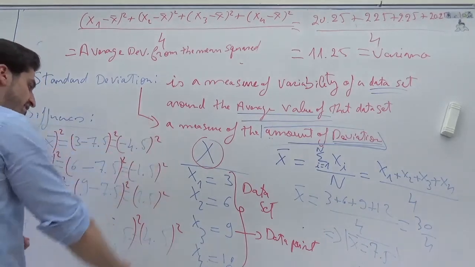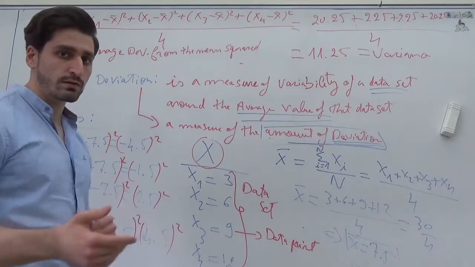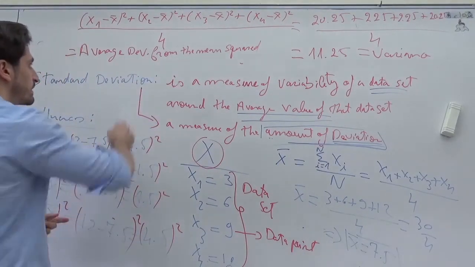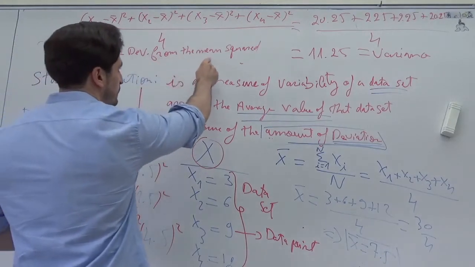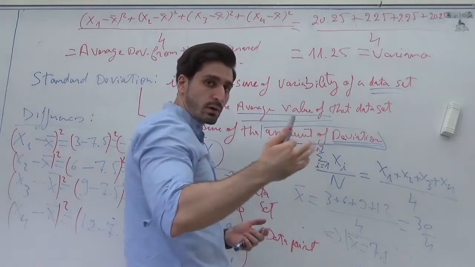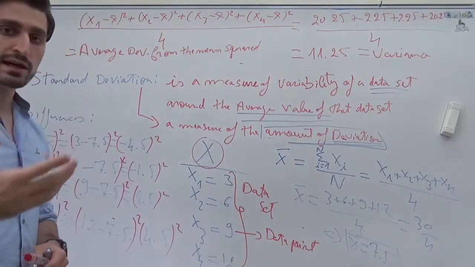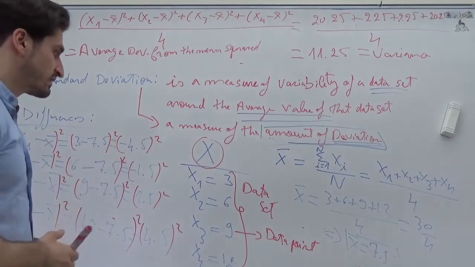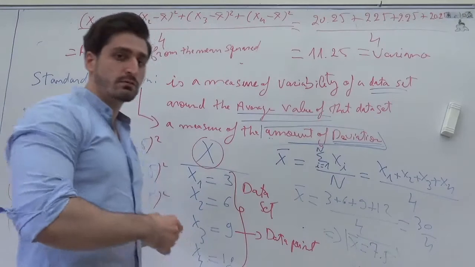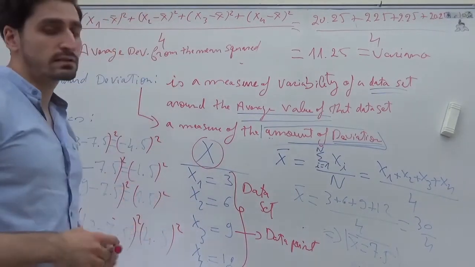But by squaring each term, we have actually changed the definition of what we are finding. We are no longer finding simply the average deviation from the mean, but rather the average deviation from the mean squared, which is a statistical quantity called the variance. So, in that case, to find the deviation between that entire collection and x bar, what we need to do is take the square root of that entire equation.